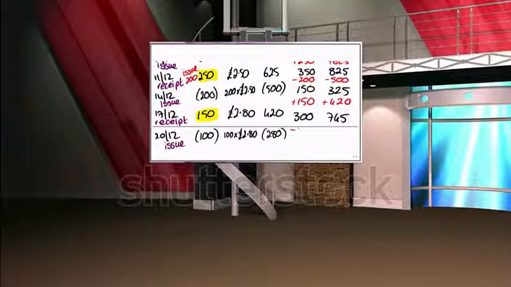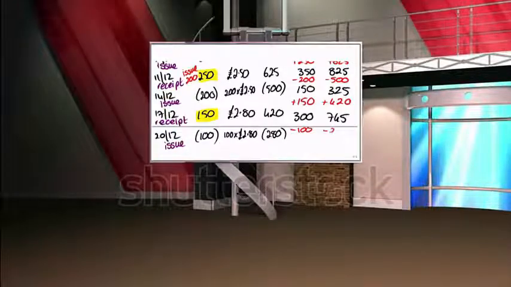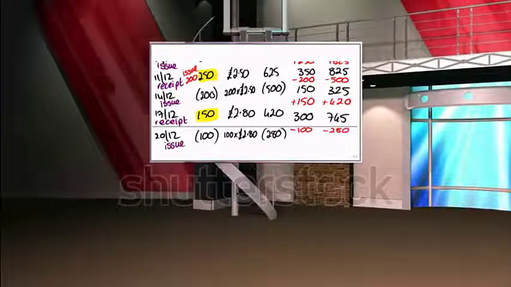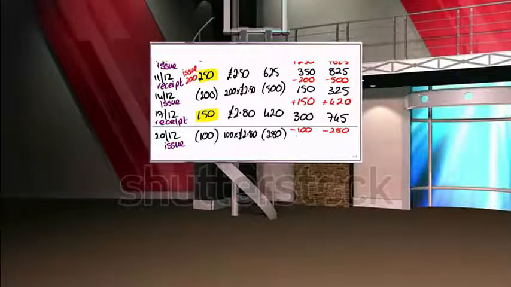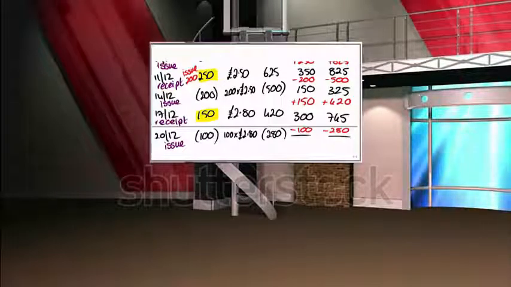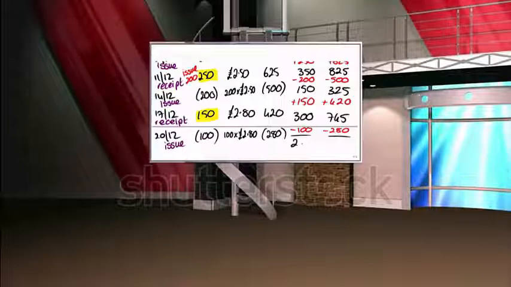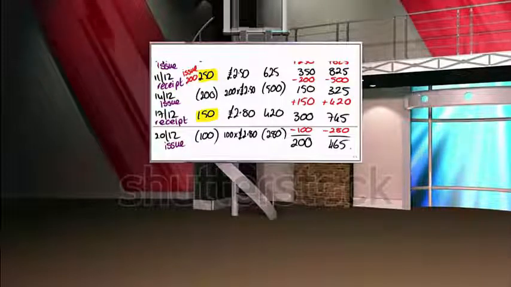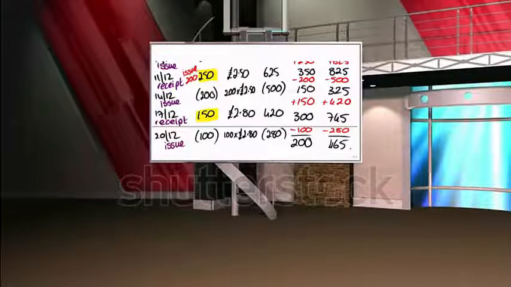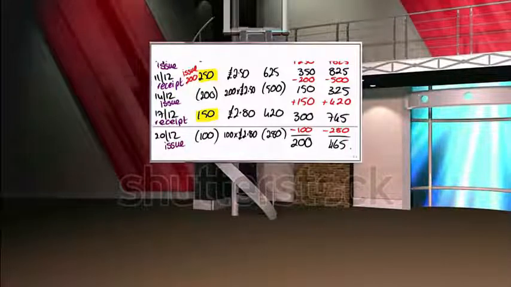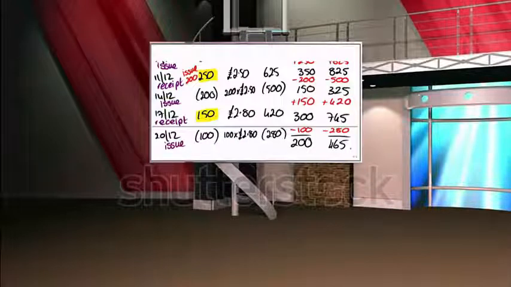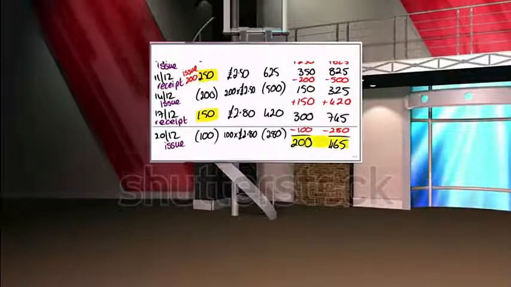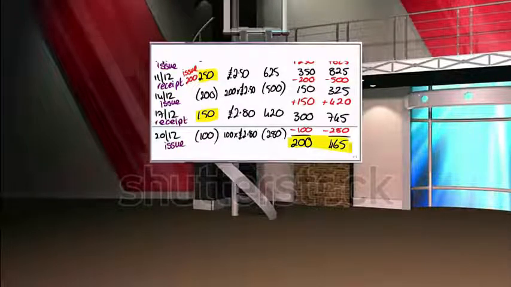Taking that from our running totals, so we are left with then 200 units with a total value of 465. Okay, now let's just think about where these closing inventory units have come from.